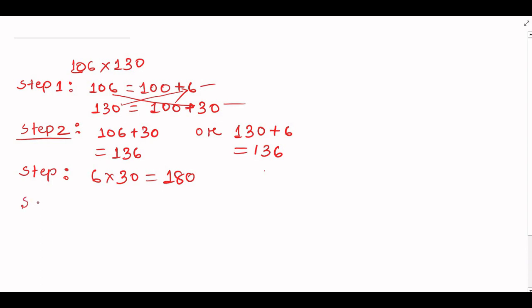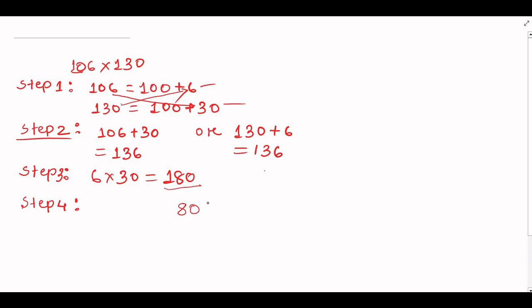Now in step 4, the final step, we will get the final answer. In step 3 whatever value we got, you see here we got 3 digits; from these 3 digits we have to take only the last 2 digits, that means 80. Okay, so 80 we have written.